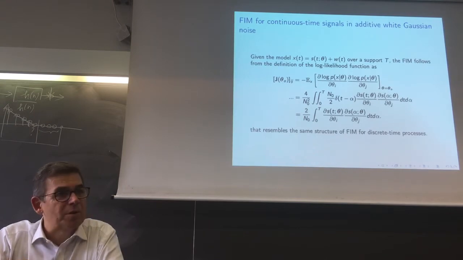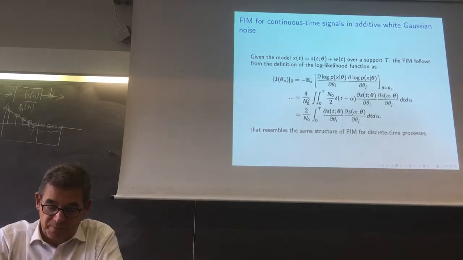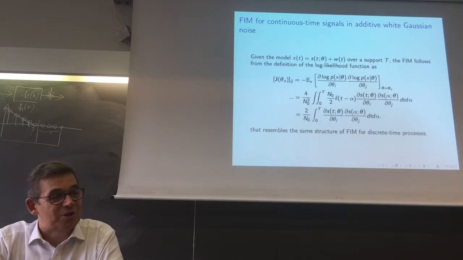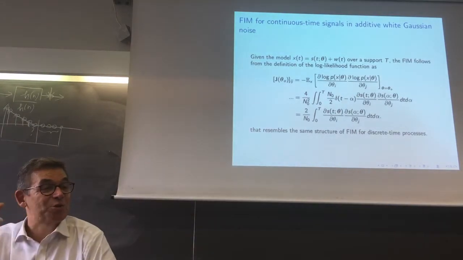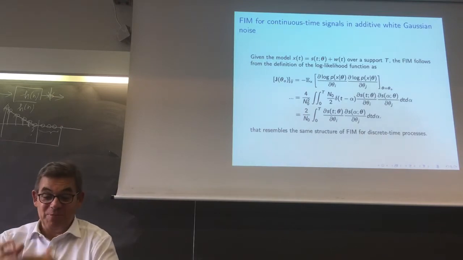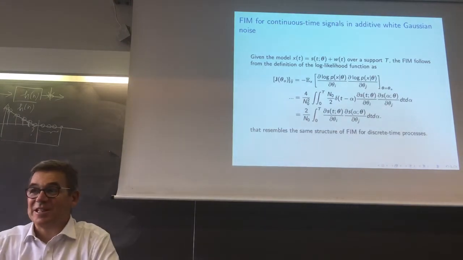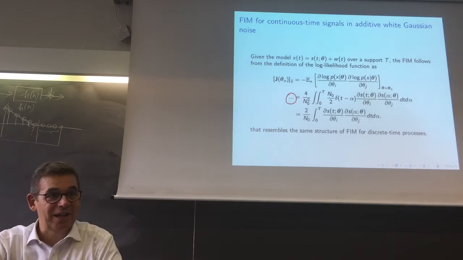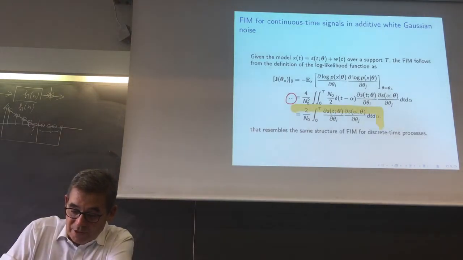We didn't do the Cramer-Rao bound for continuous time. I now remember. Anyway, in the case of the efficient information matrix for a continuous time signal, I was convinced that we did it. It's simply that I take the formula and calculate, and it comes out that the efficient information matrix elements are computed in this way.